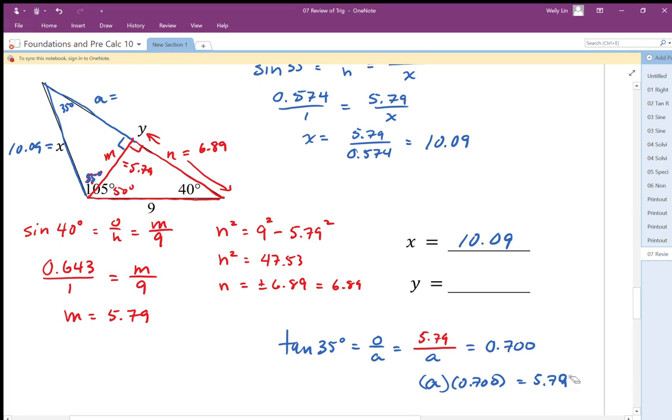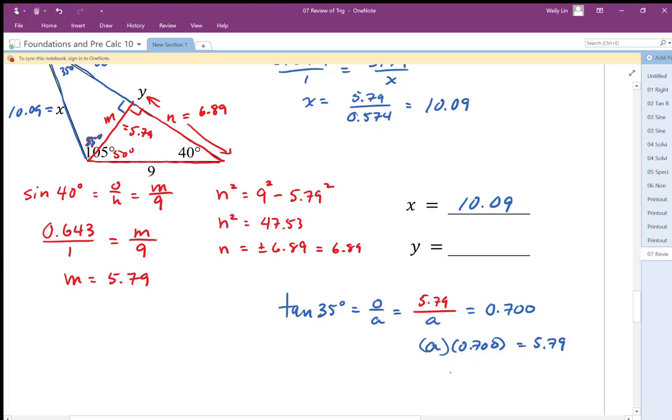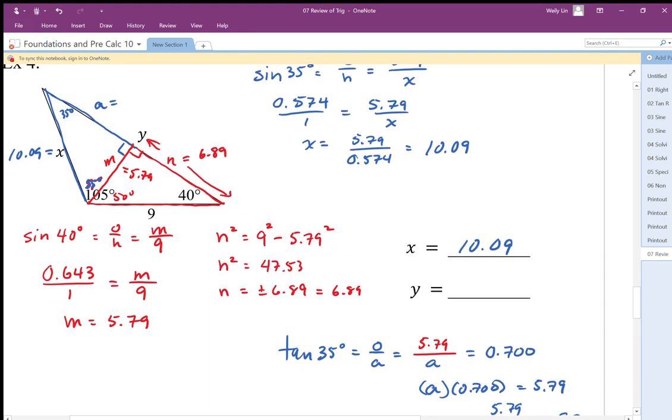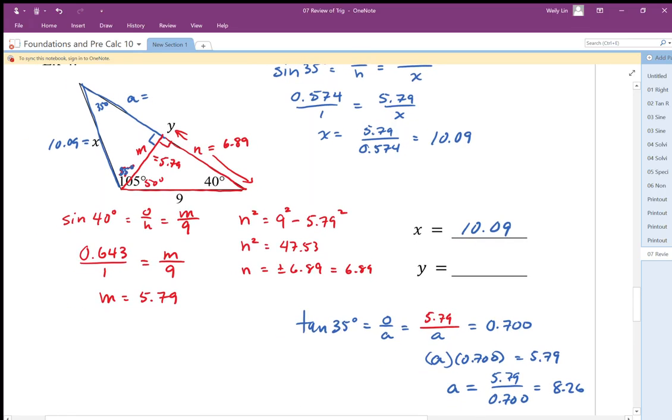I multiply both sides by A to get rid of the divide by A, and then to get rid of the times 0.700, I'm going to divide. I'm getting 8.26. If you're somewhere around 8, that's pretty good. You're doing the right thing. So 8.26.